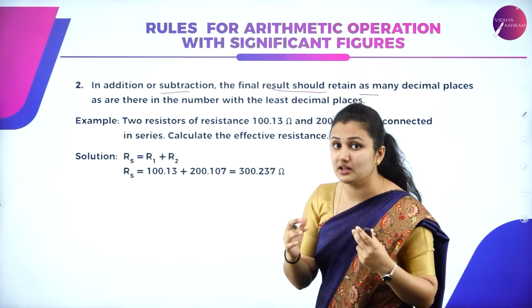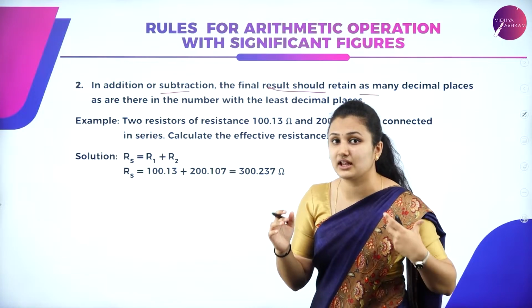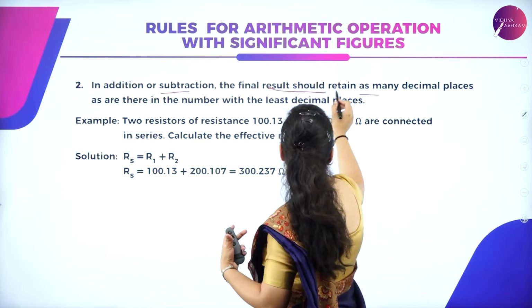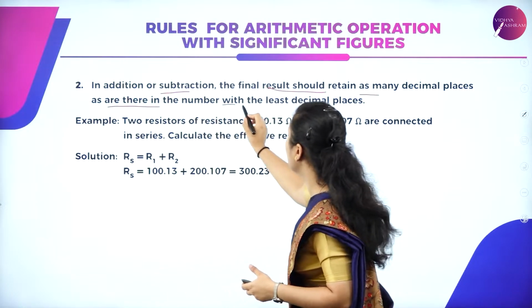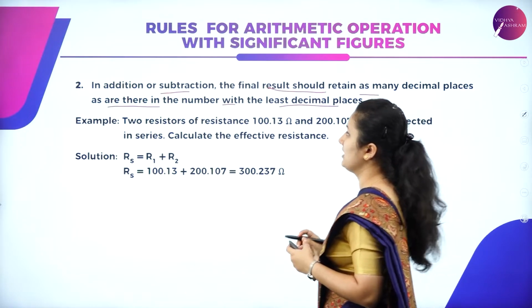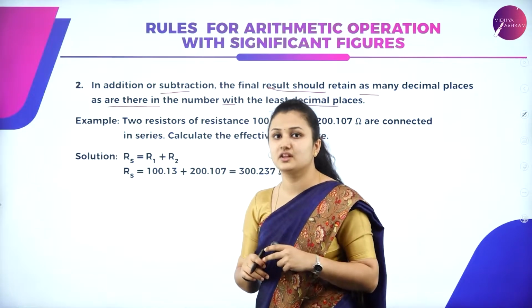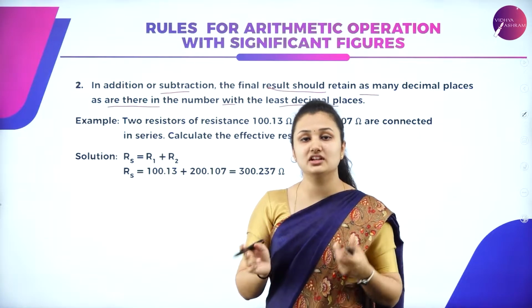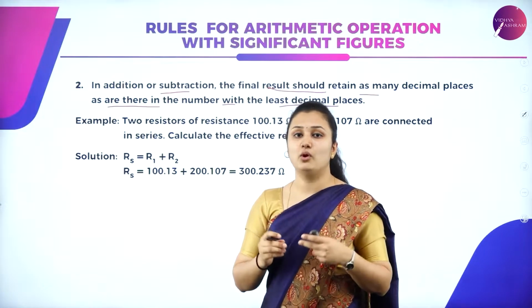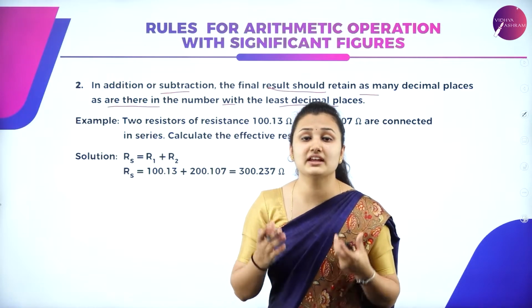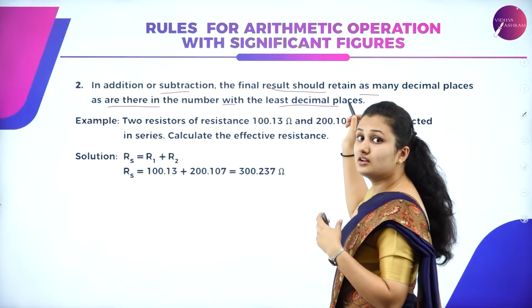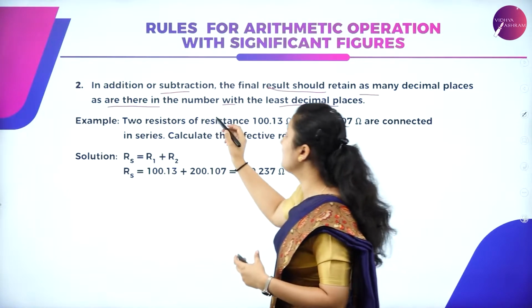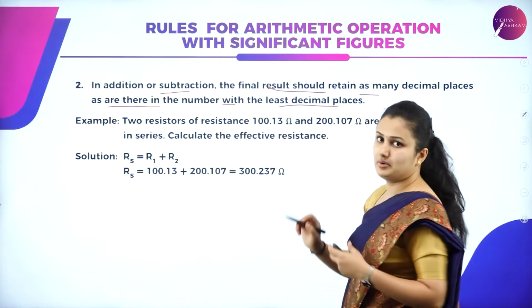Now, it is decimal places, not least significant figures. Try to understand. In the previous multiplication and division, we wanted least significant figures. Here we are considering the decimal point, so I want the least decimal places.